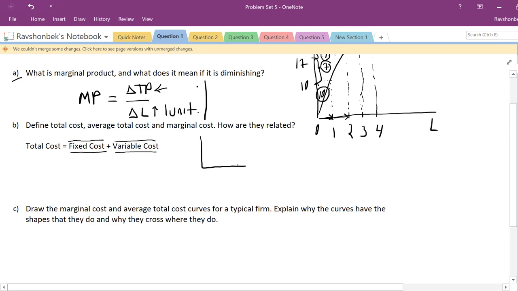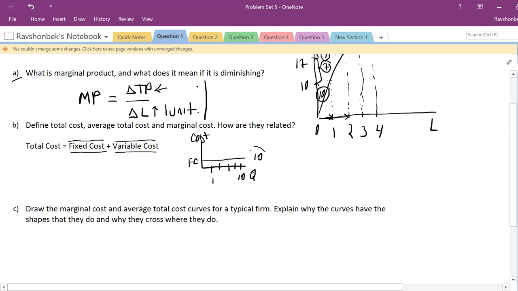Graphically, this is how they look. Let's say this is quantity here, and this is cost. Fixed cost is just a straight line no matter how many units you produce. As Q increases, cost stays fixed at, let's say, £10 regardless of the output level. It could be 1 unit, it could be 10 units, it will stay the same.